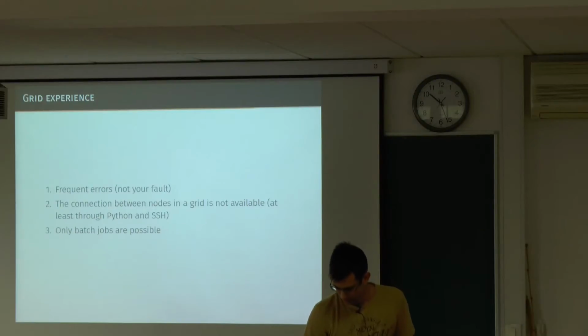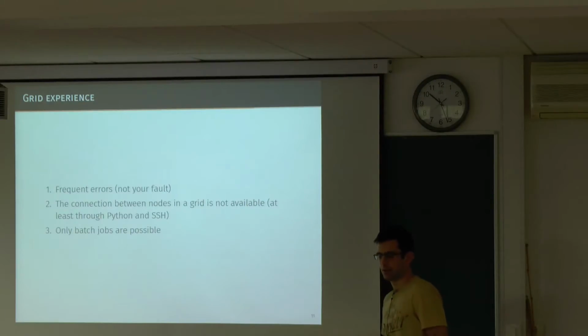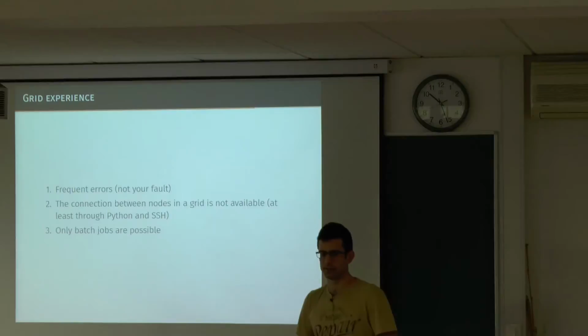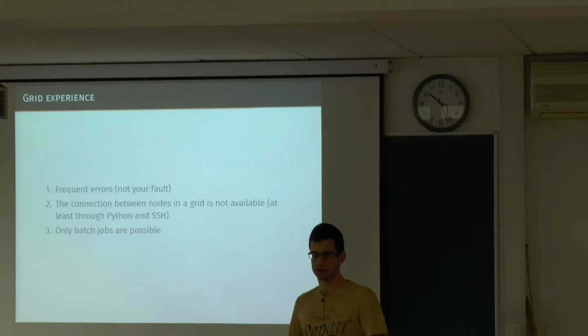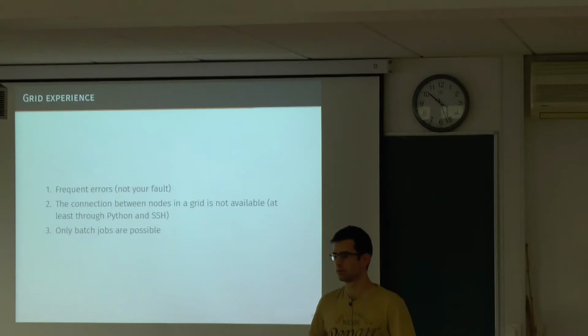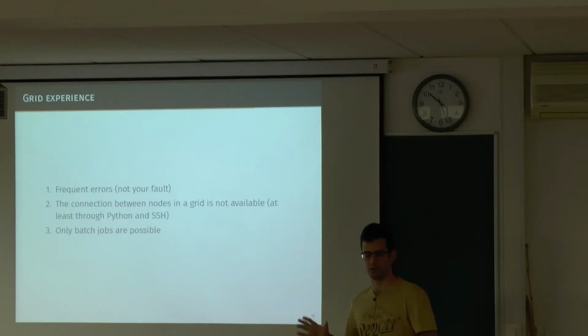So the grid experience. Frequently, at least that was the case a few months ago, you would get some strange errors which were not the fault of the researcher submitting the job.